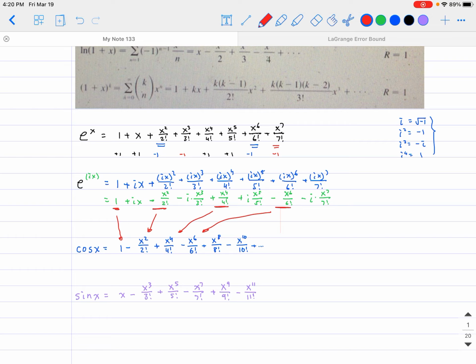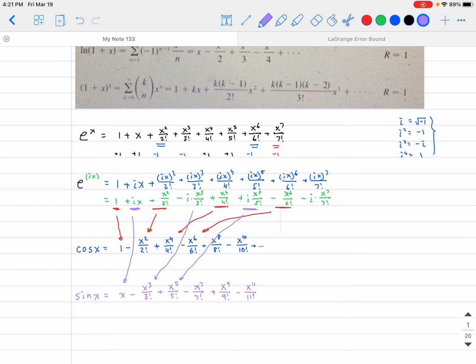Whereas for the sine of x, let's go ahead and compare those. This right here, in comparison to down there, it looks like I do have the first term, but I have an extra i. And then for x to the third divided by 3 factorial, that looks like the same thing, except also I have an i. Then for x to the fifth, I have the same thing with an extra i, and so on and so on.